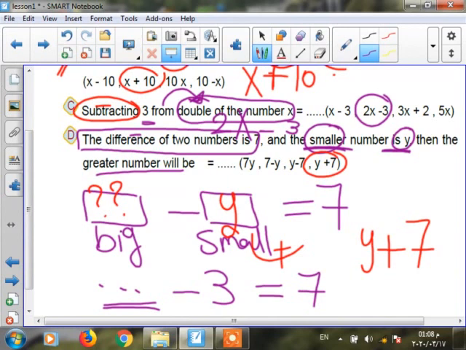We said before, a missing number in minus is nearest plus. How can I get the bigger one? I add these two numbers, 3 plus 7, which becomes 10, because this is the same as the first one. So if I have a big number minus a small number, I have the final result. Okay, let's complete.